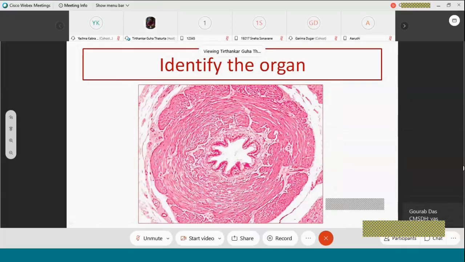Such a tubular structure that might have a lining like this may be either fallopian tube or vas deferens. But remember, fallopian tube is extremely convoluted. It is not a flower-shaped or a star-shaped lumen that you get there. So this may be the ureter or this may be the vas deferens. Let's check.